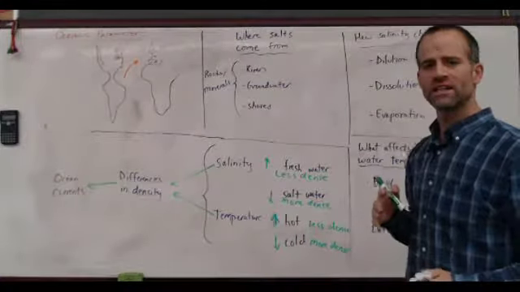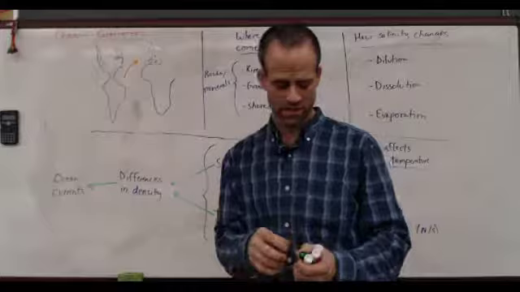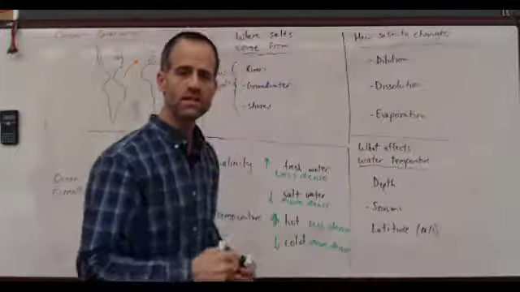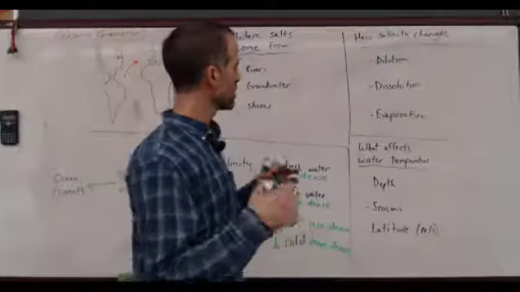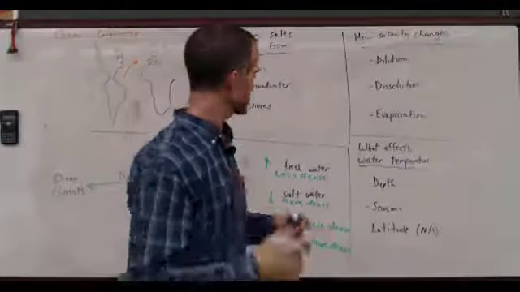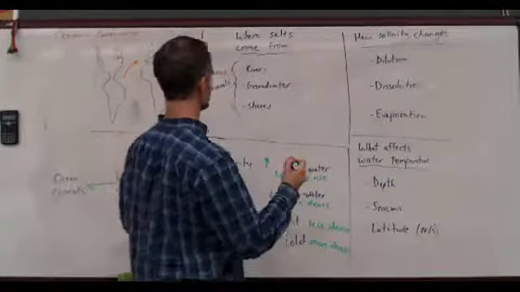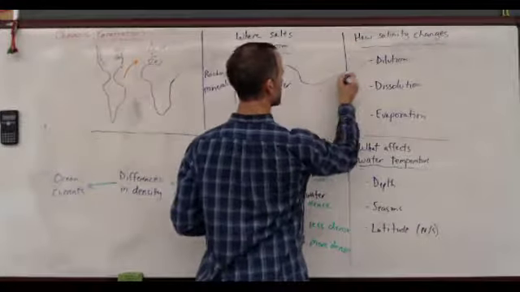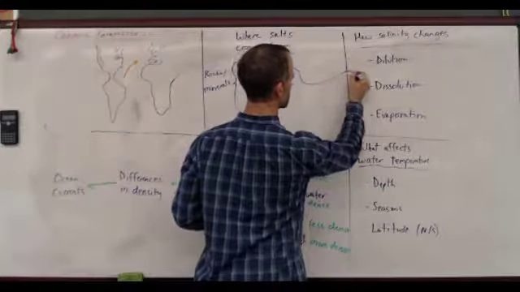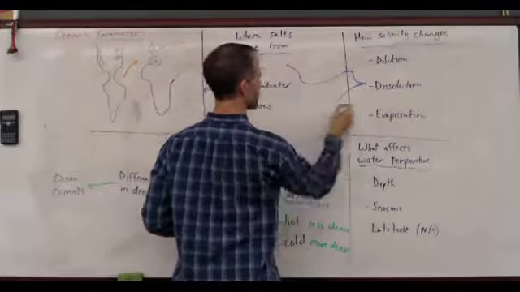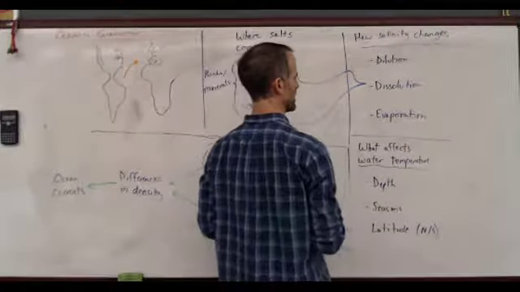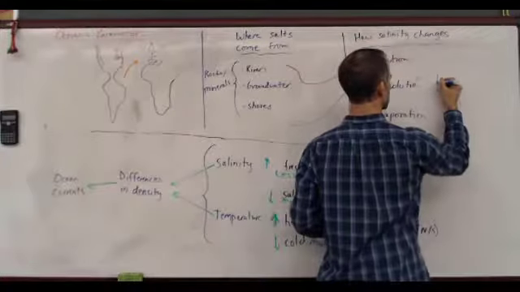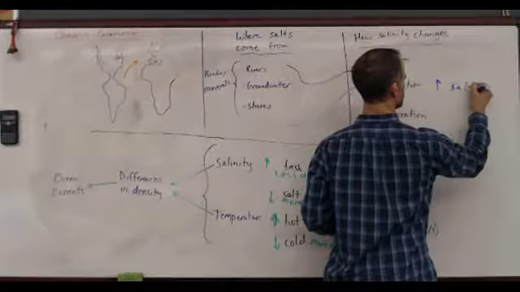How does salinity change? Well, let's look at the three ways the concentration of salt, which is the solute, can change. Well, the first one we already talked about, right? If you dissolve more stuff, you are dissolving stuff from the minerals and rocks on land. So that's going to increase the salinity.